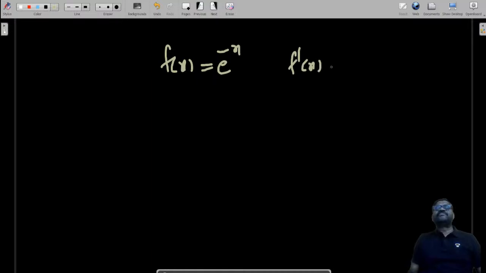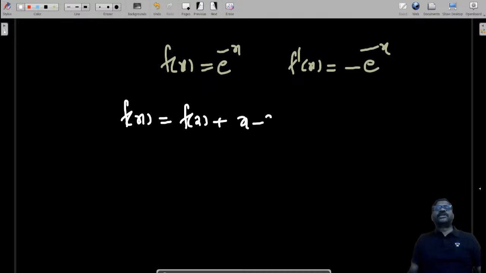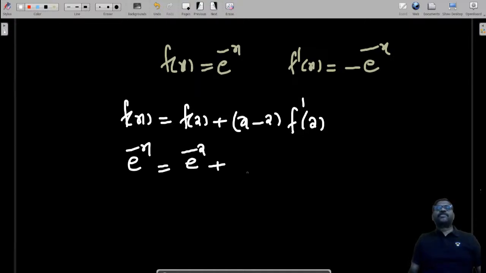Calculate f dash x, because the problem is designed on linear approximation, that is minus e power minus x. f of 2 plus (x minus 2) into f dash 2. f of 2 is e power minus 2, plus (x minus 2) into f dash 2, which is minus e power minus 2.